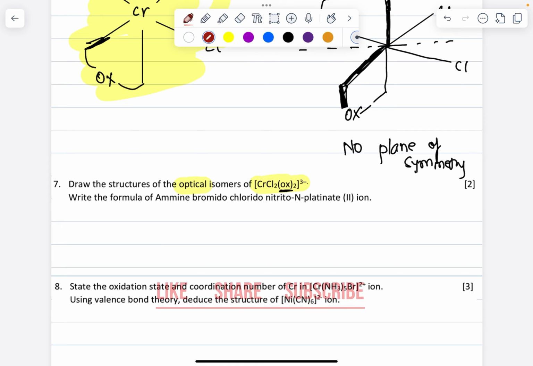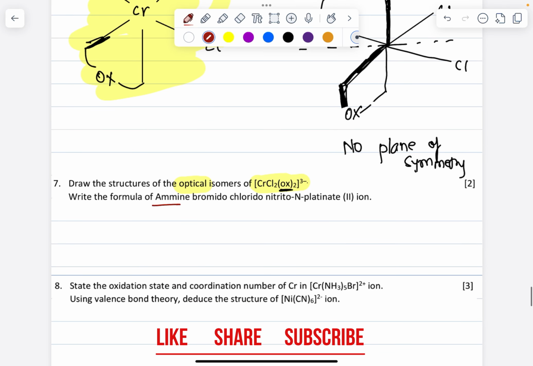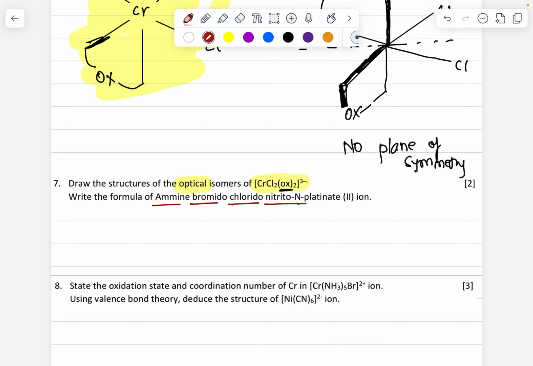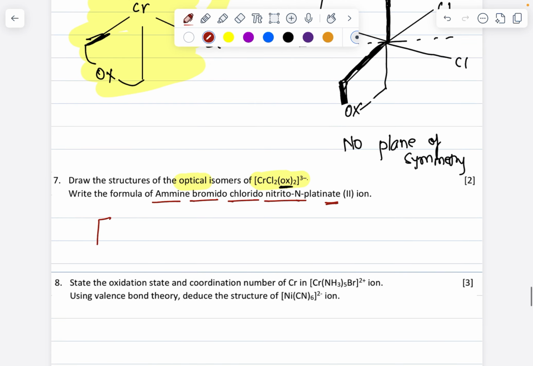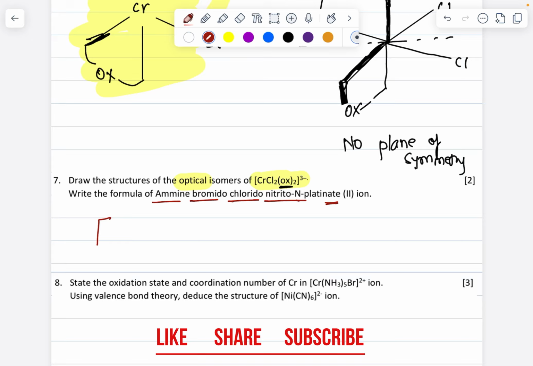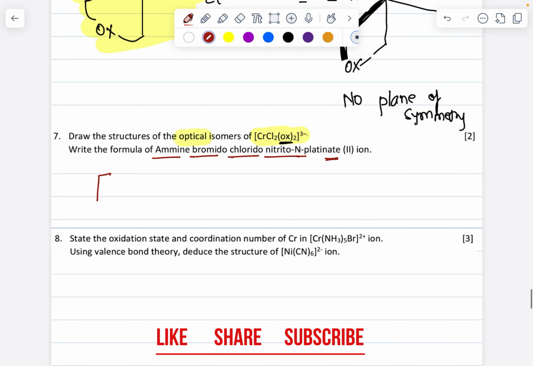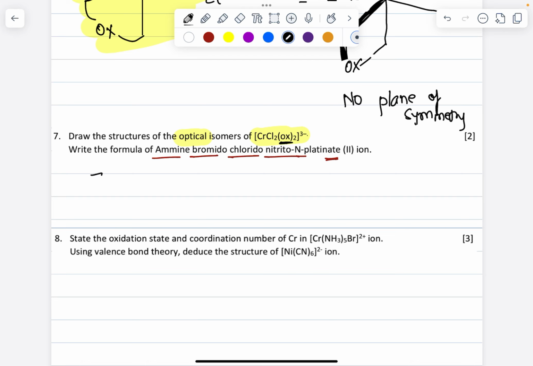So for the ligands, amine is there, bromido is there, chlorido is there, nitrito and platinate ion is there. Means this is surely a platinate they have written, means negative coordination sphere. And they have written ion. So I'll write the coordination sphere first.